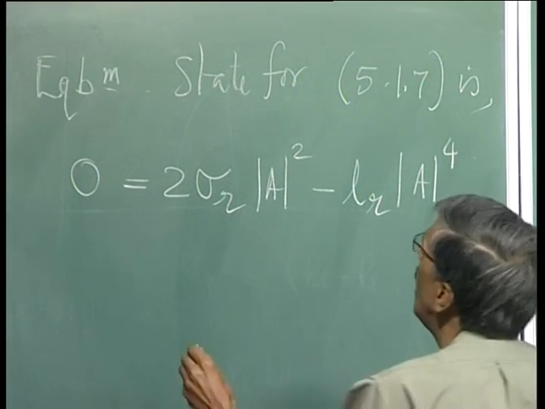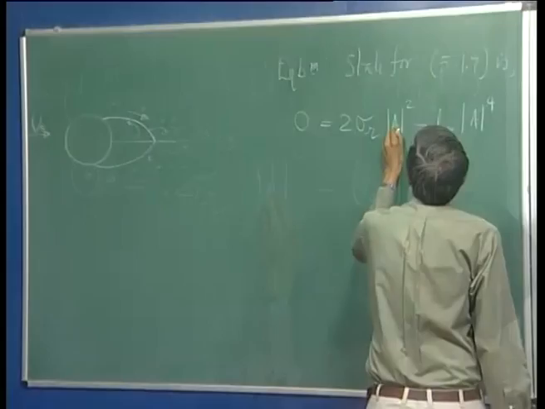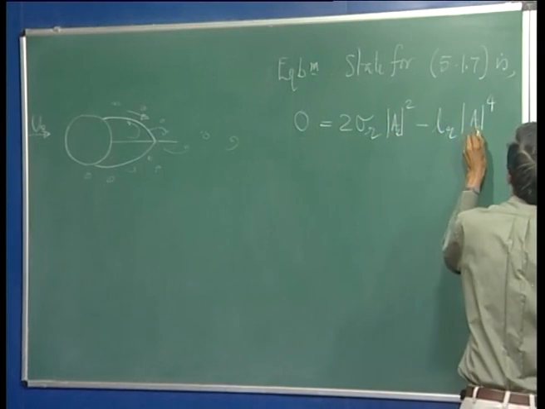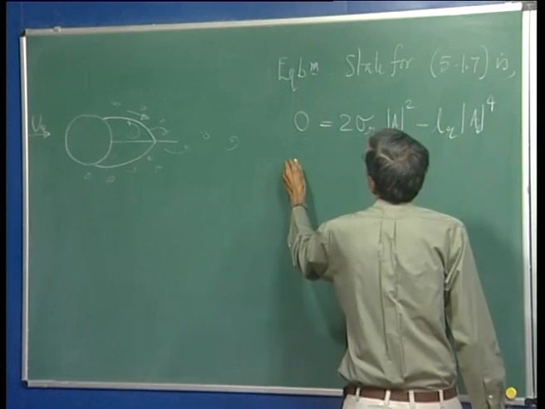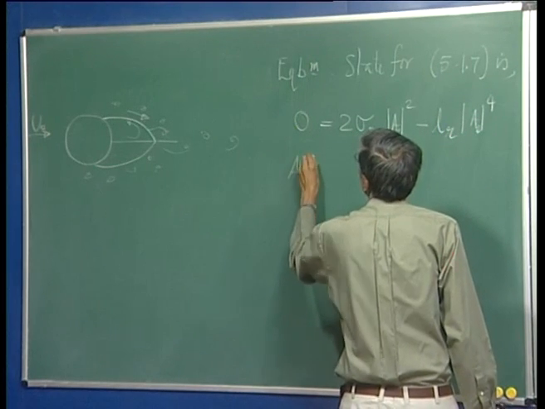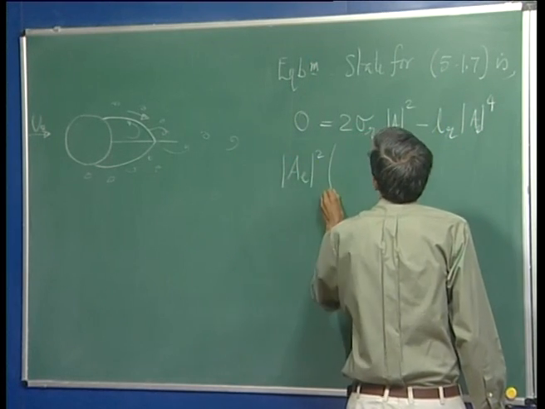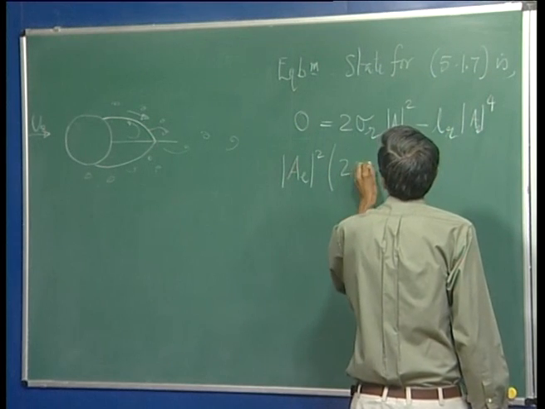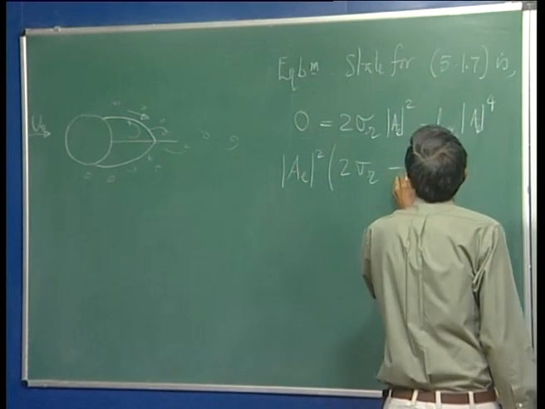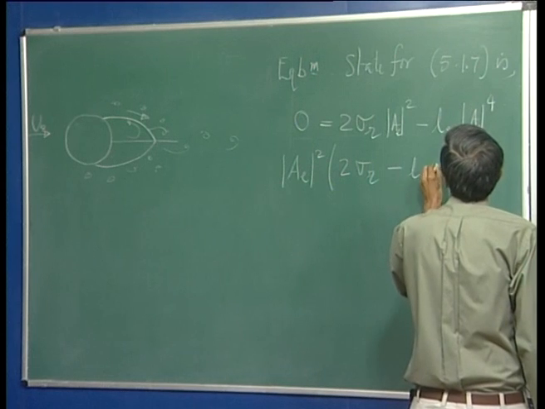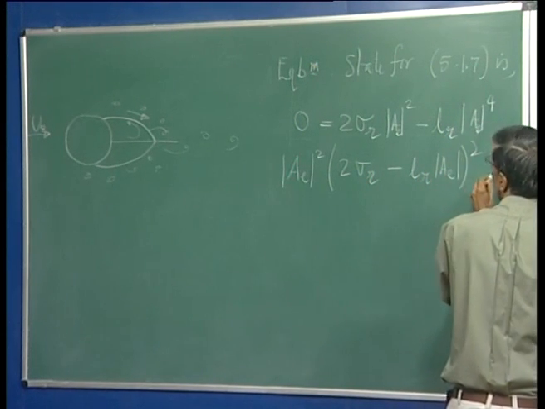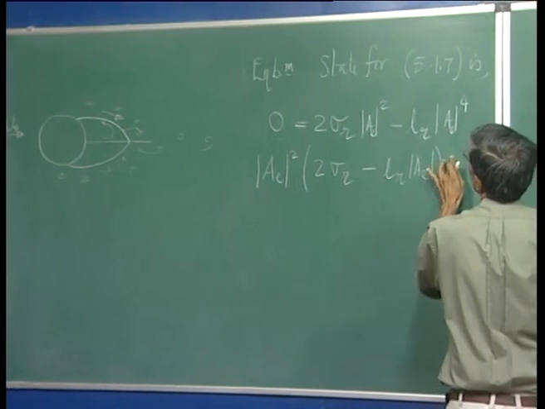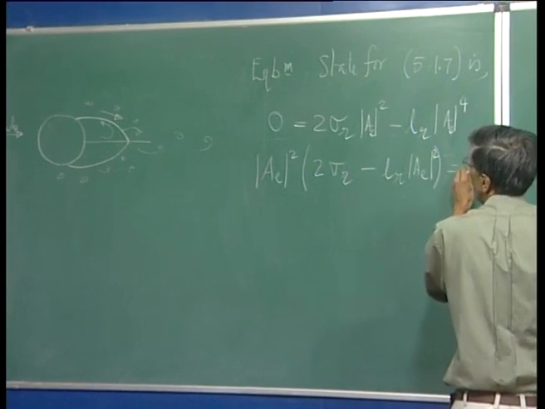So, this corresponds to the equilibrium state. So, I will write it as E. And this of course gives you two sets of conditions.